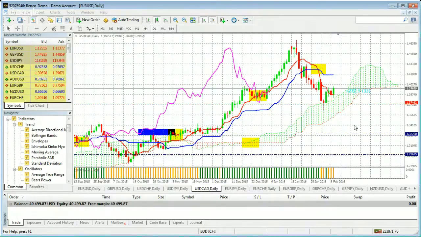Matimba's saying consolidation. Good answer. Very good answer. Now, Matimba, I want to find out from you, why do you think it's going to be consolidation? What's tipping you off to that?